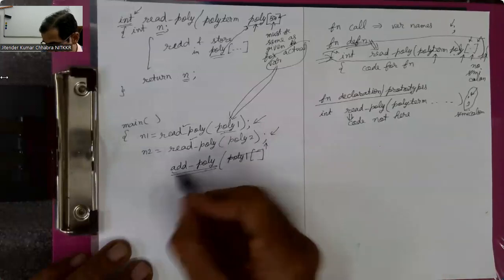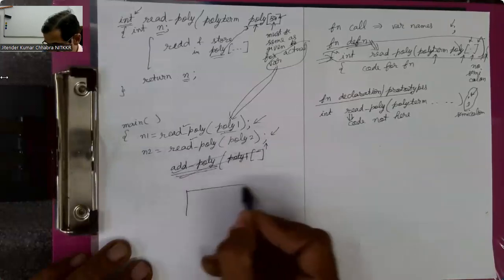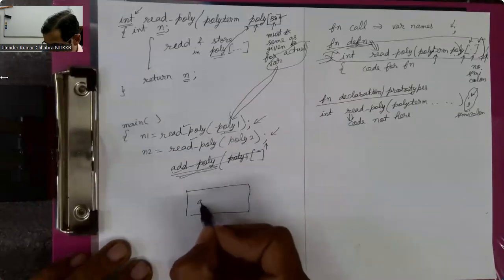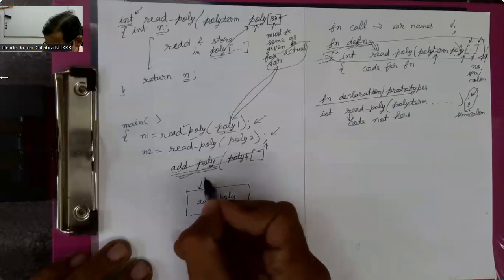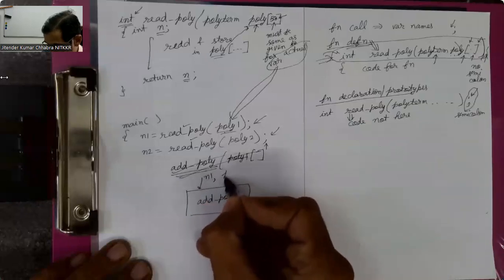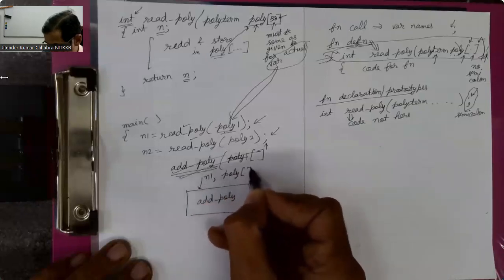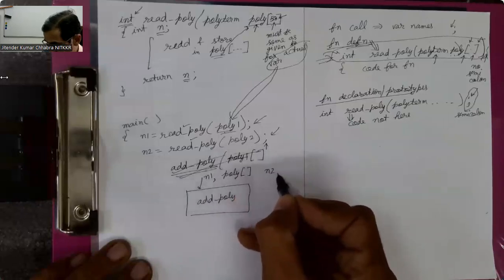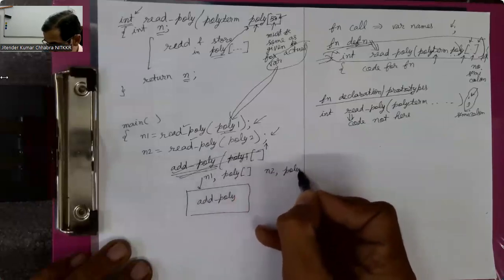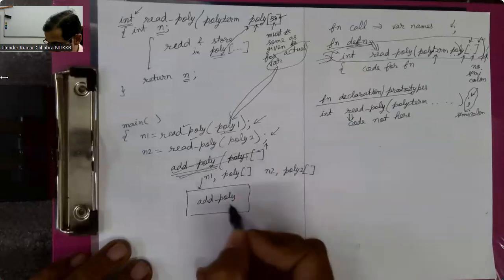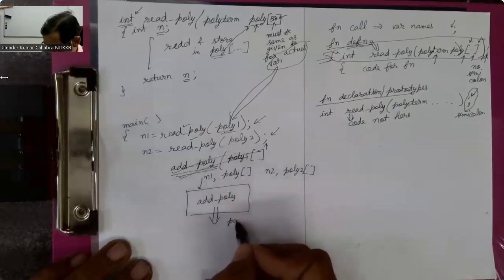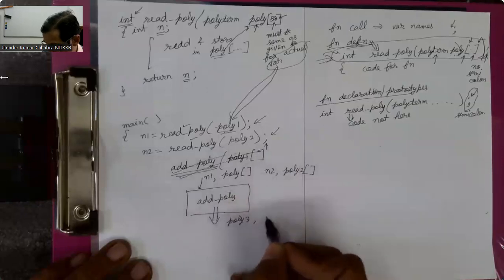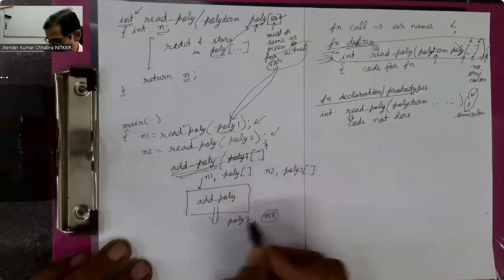Of course, syntax I'll talk about later. But if I have add poly, my parameters are n1, then your poly1 array which is to be added, then n2, then your poly2 array. Both need to be supplied. And from here, the poly3 array will be generated and n3 will be generated.